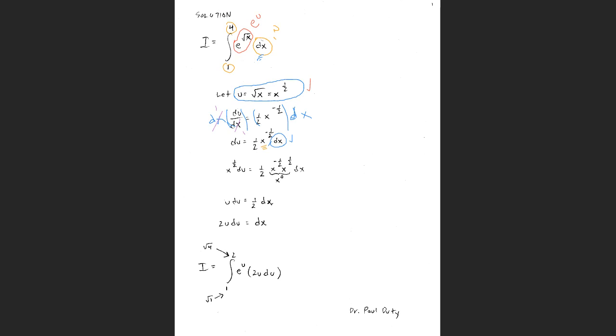So I'm going to multiply both sides of this equation by x to the half power. Well, x to the negative half times x to the positive half is x to the negative half plus a half power, which is x to the 0, which is 1.